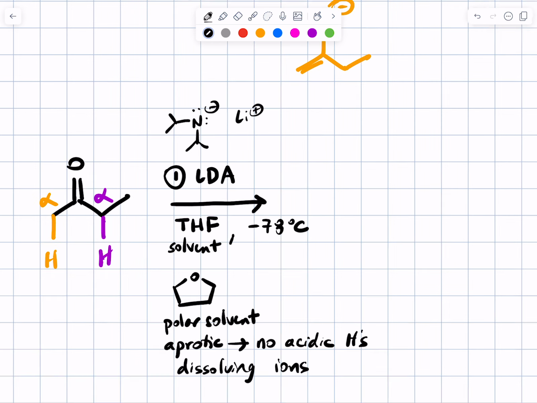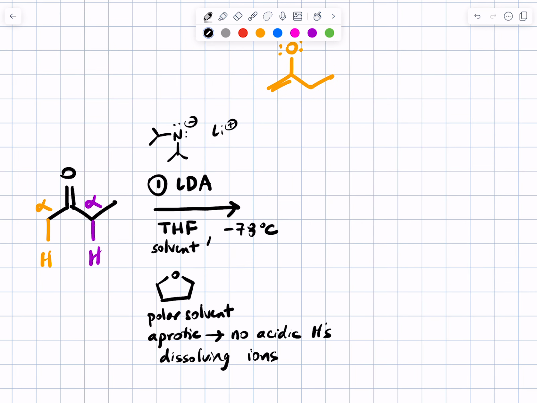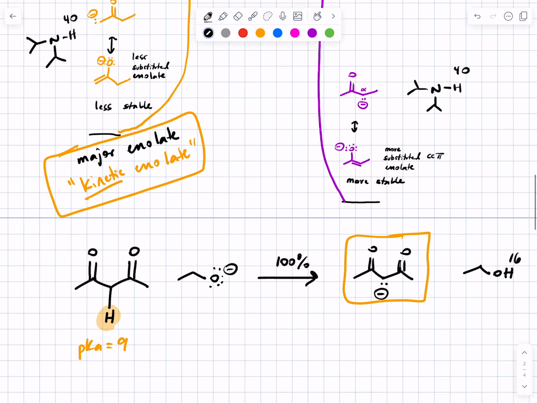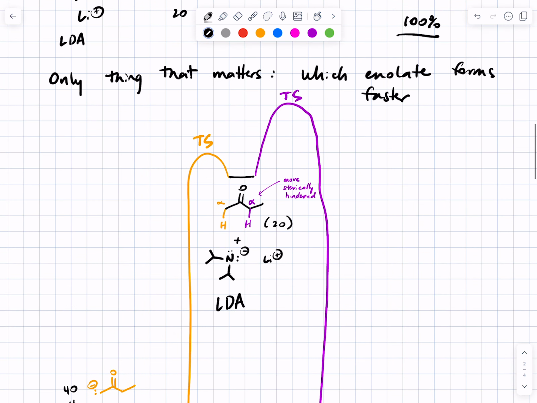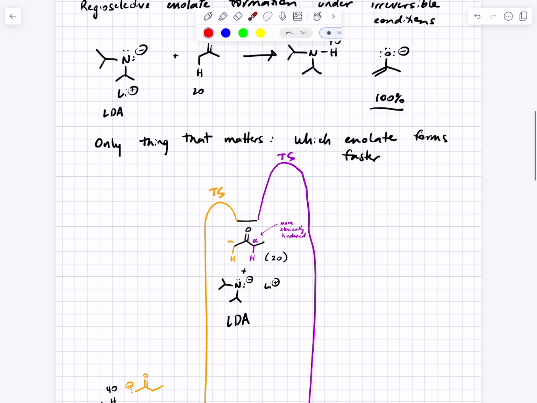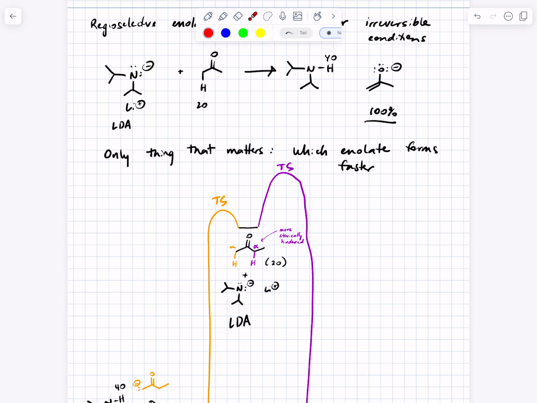The reason you do the reaction really cold is to benefit from the selectivity that I talked about. Remember, when doing the reaction under irreversible conditions, the thing that matters most is which forms fastest. And the thing that determines which forms fastest is the relative barrier heights towards the less substituted enolate versus the more substituted enolate.